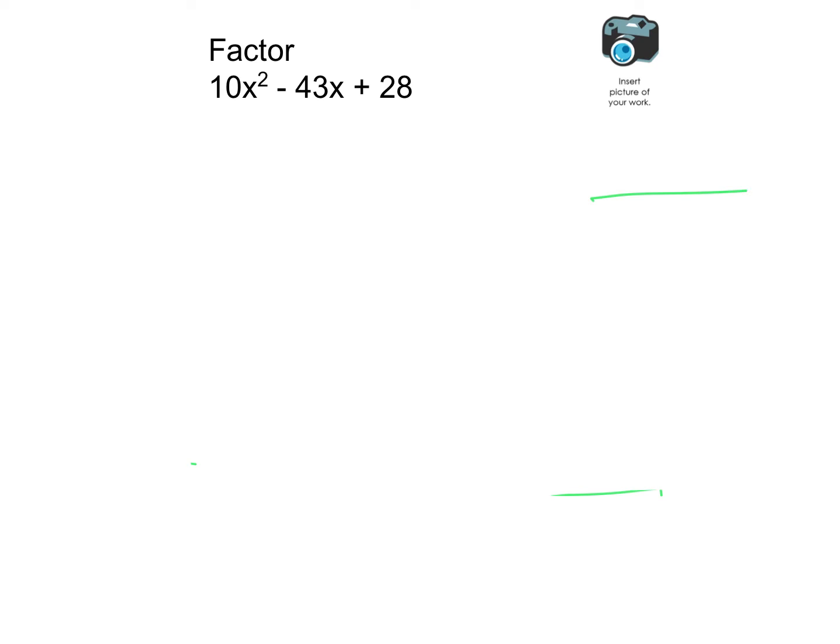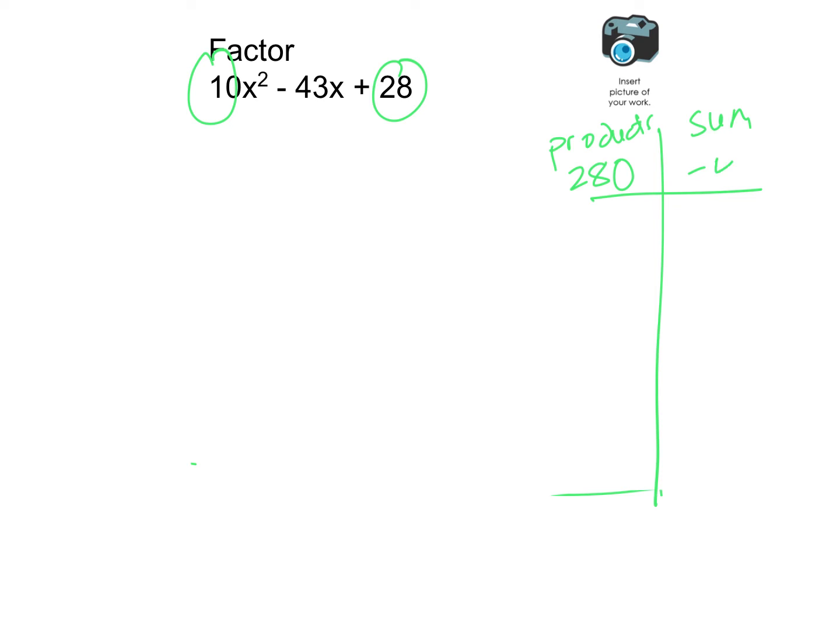So you need to create a T-chart where you have the products of 28 times 10, which is 280, whose sum is negative 43. I have to multiply them together and get a positive. However, when I add them, I have to get a negative, so I know they're going to be both negatives. So I'm going to start with negative 2 times negative 140, which is negative 142, which obviously is not what I'm looking for, so I'm going to go even further.